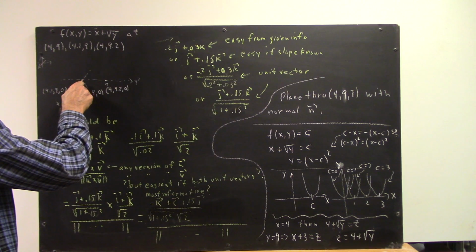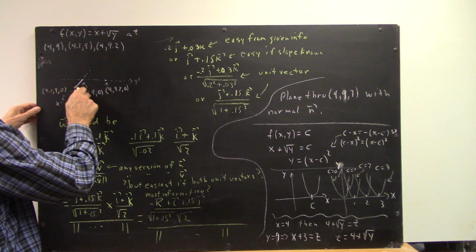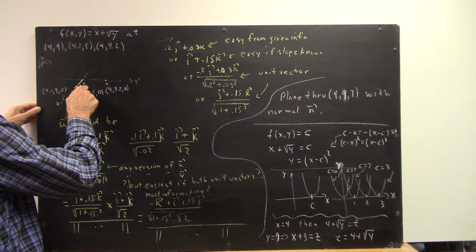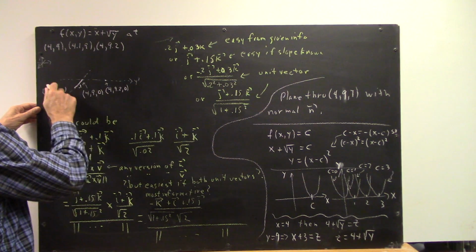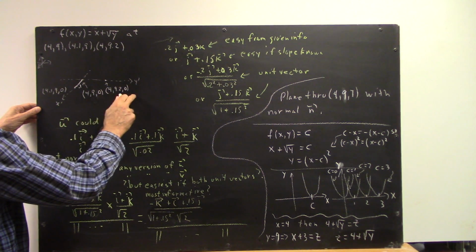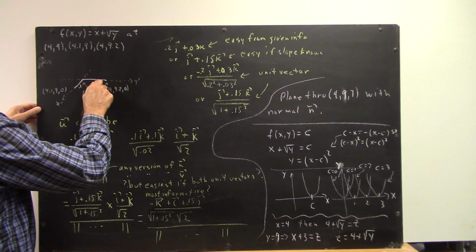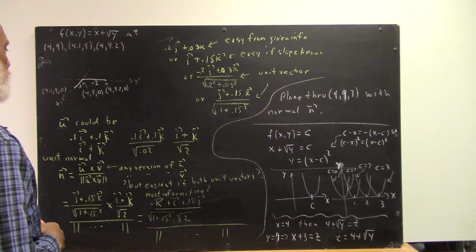So now we have this segment that has length 0.1. And similarly we move 0.2 units from (4, 9, 0) to (4, 9.2, 0) in the y direction. So we have 0.2 units here.